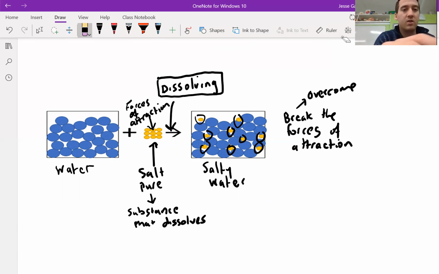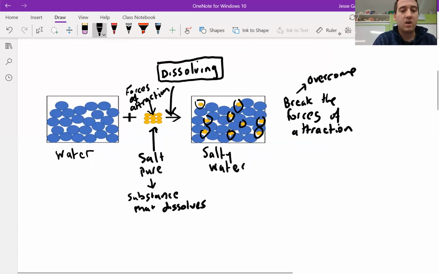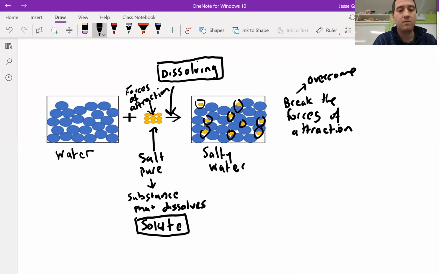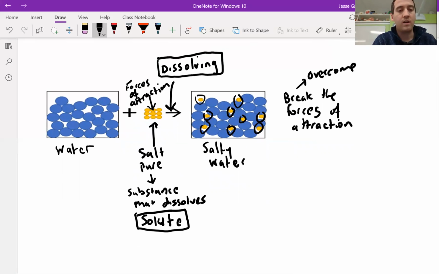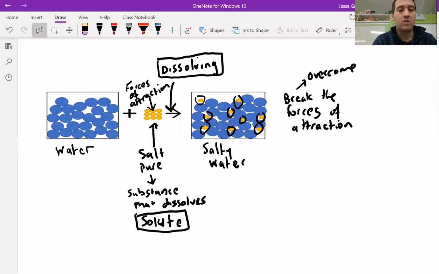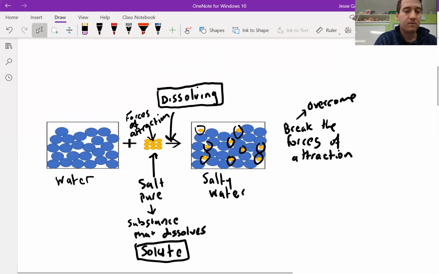Sorry, I won't use that other word yet. The substance that dissolves is what we call the solute. S-O-L-U-T-E. So it's the solute, a substance that dissolves. So the salt, in this case, is the solute.